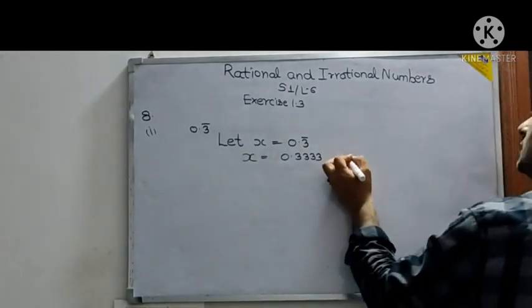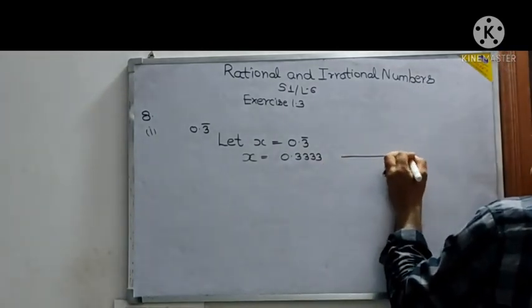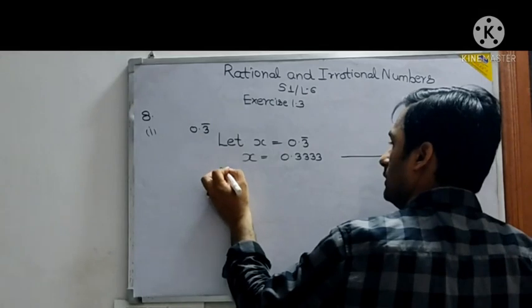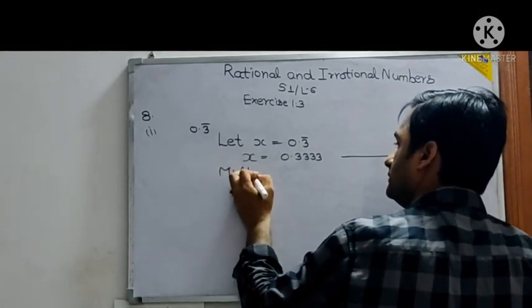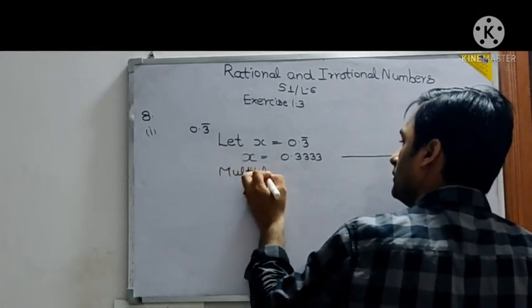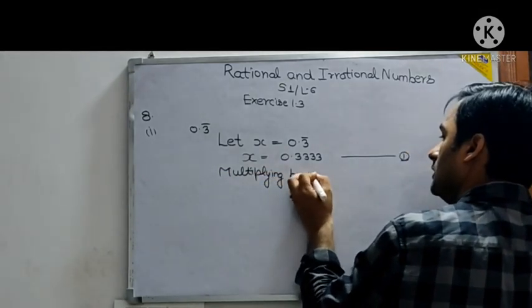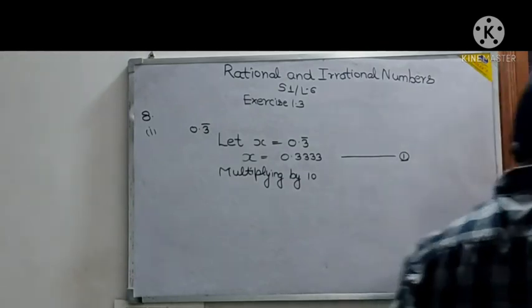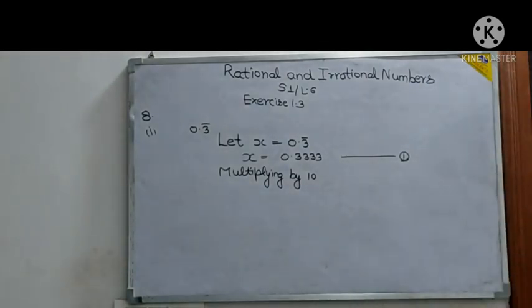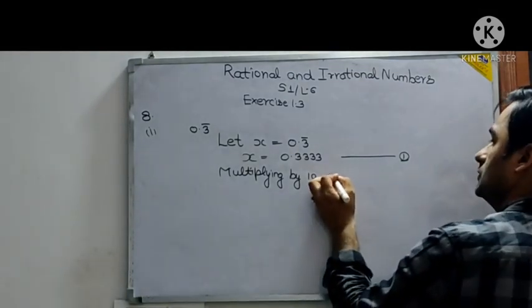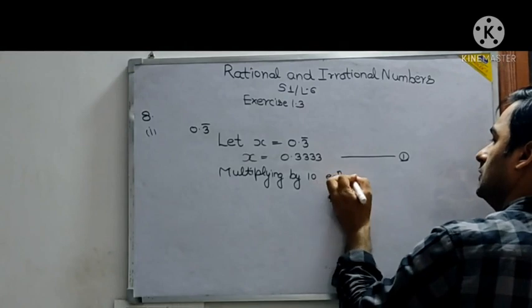This is your equation number 1. Now multiplying equation 1 by 10.